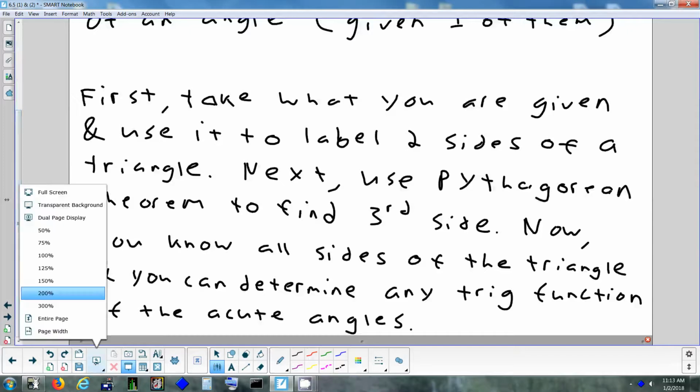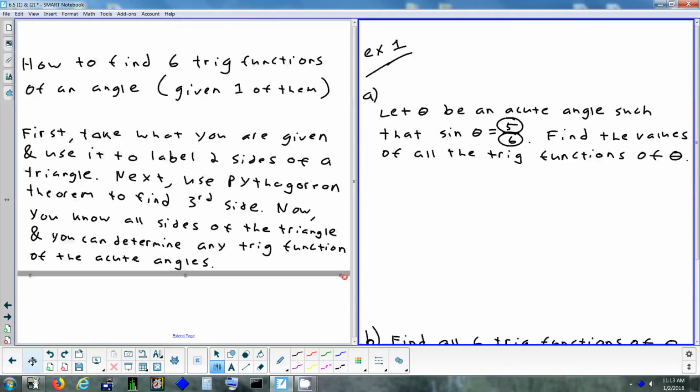Okay, so let's look at this one. The first one says the sine of theta equals 5/6. Just move these out of the way. First thing I'm going to do is identify the 2 sides they're giving me.